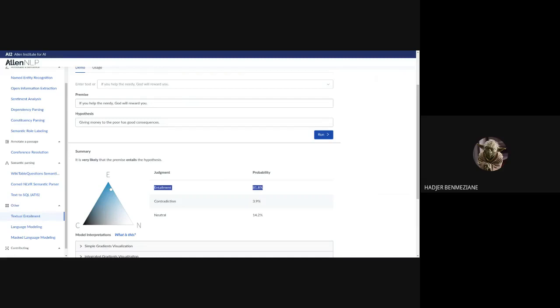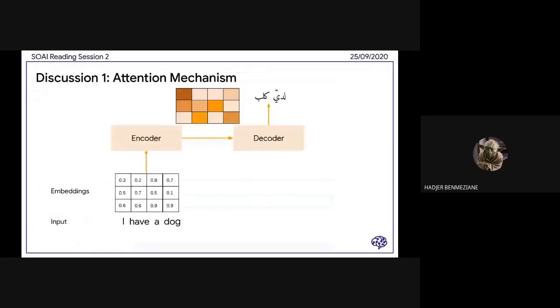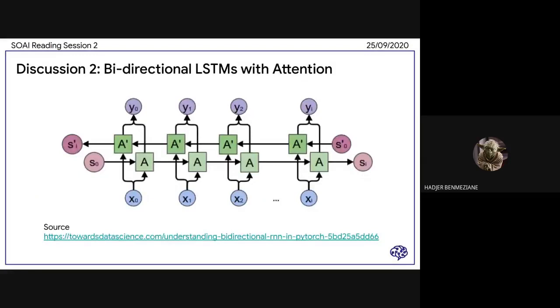So yeah, I think if you don't have any question, we can go and explain what are the bidirectional LSTMs. Do you have any question?